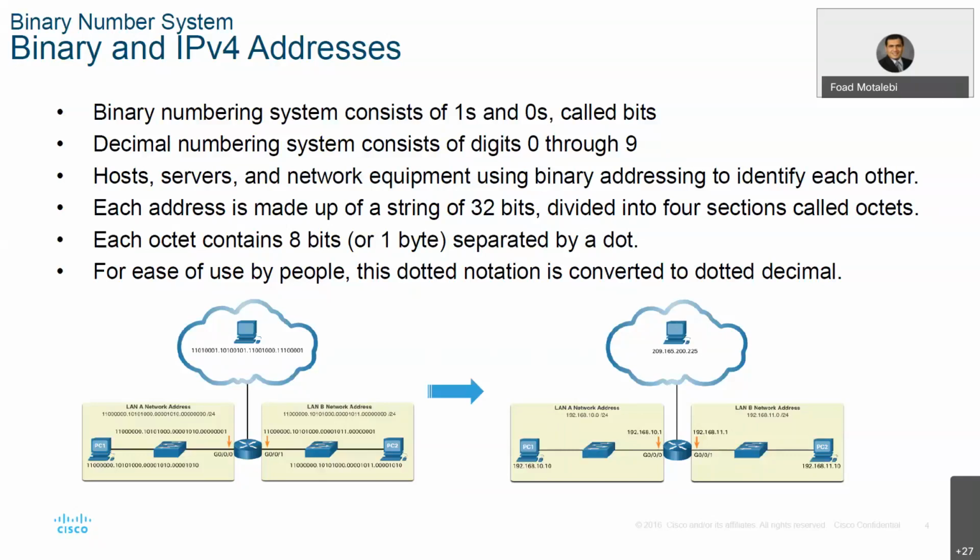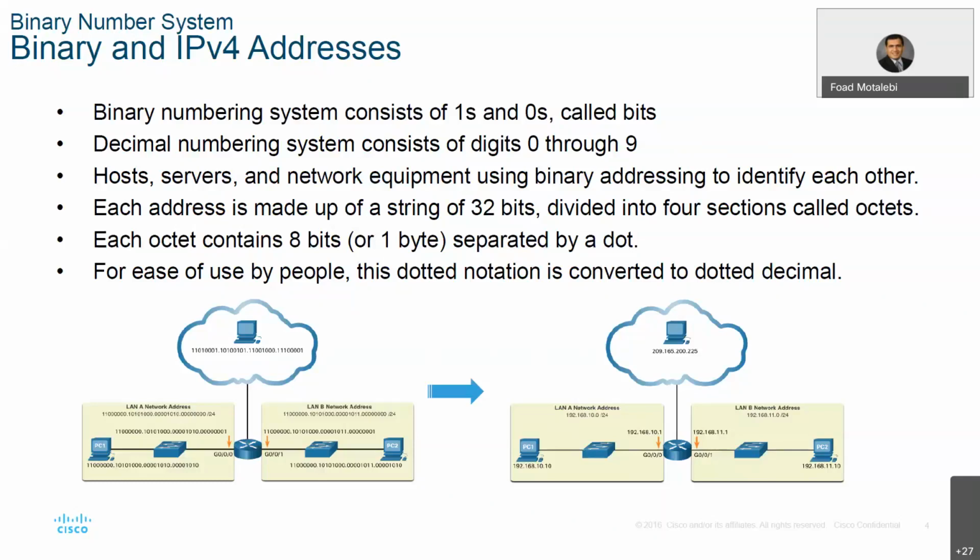For now, remember that the subnet mask tells us how much is the network portion and how much is the host portion. 255.255.255.0 means 24 bits is for network, 8 bits is for host. 255.255.0.0 means 16 bits is network, 16 bits is for host.